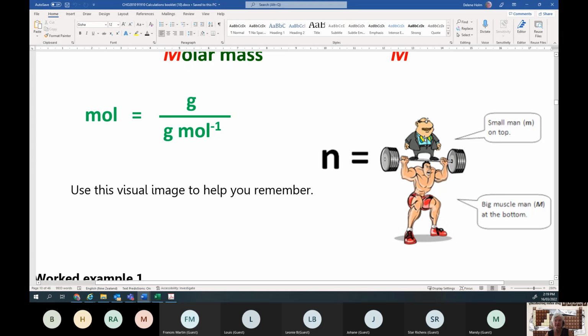And you wouldn't expect it the other way around. You wouldn't expect the titchy little man at the bottom and the big man at the top. So that might help you remember the formula. And then also that molar mass has a symbol of a capital M and mass small m. It's a lot of n's, m's, big M's, and so on. So just spend some time getting your head around that.